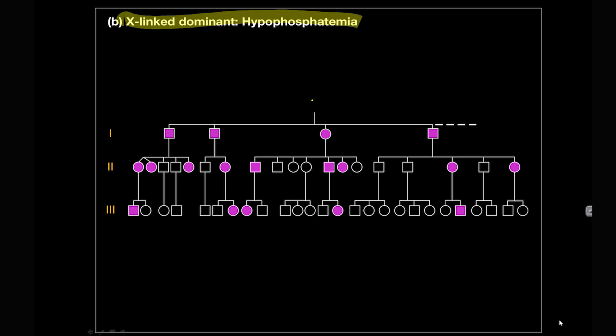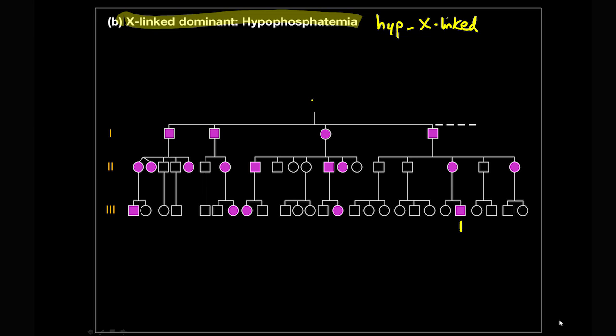So if we have a hypothesis that it is X-linked dominant, right? We've gotten rid of the recessive idea here. Let's go through some of the genotypes. Let's look at this person right here, and why don't we make the gene H again for hypophosphatemia?